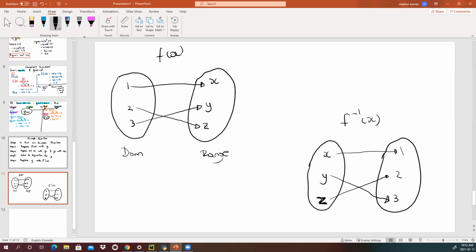So I went through all of that for you to appreciate what the inverse function is. When you are working it out, you have an idea that what you're really finding is the reverse of the original function. Everybody clear on that?